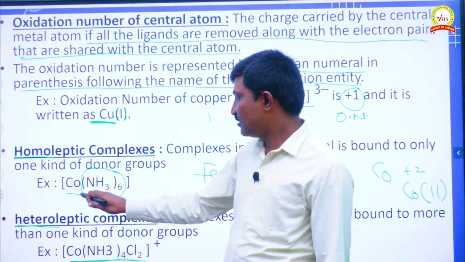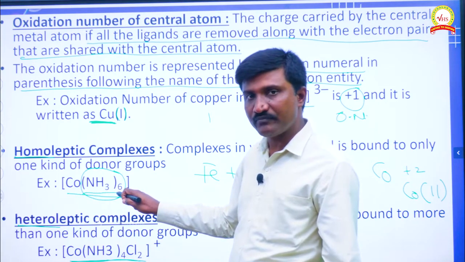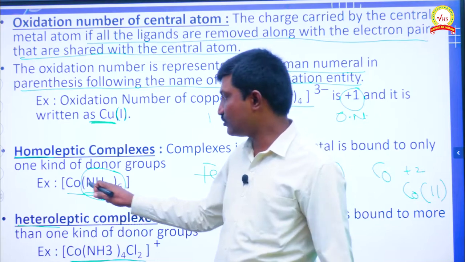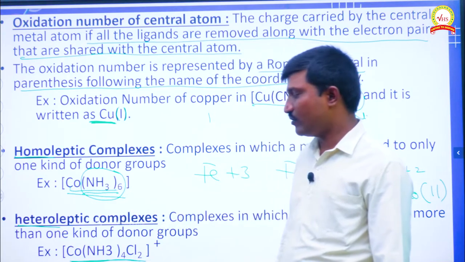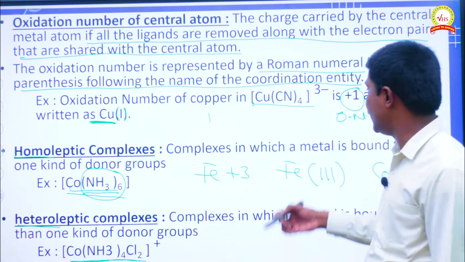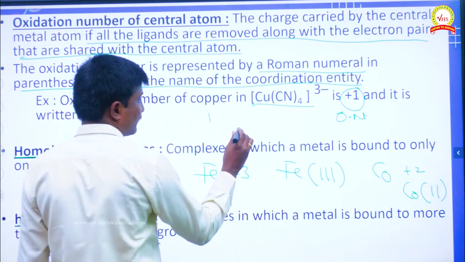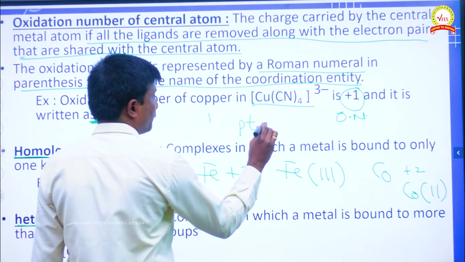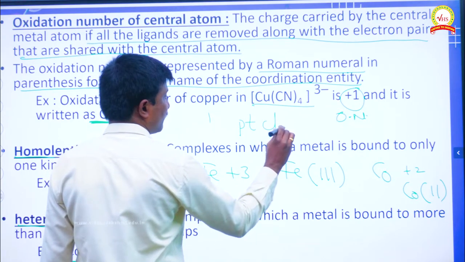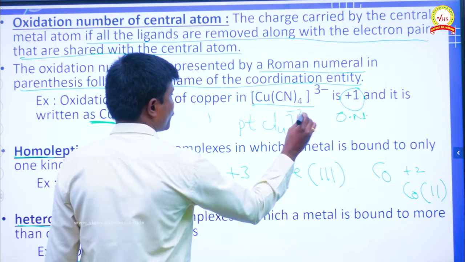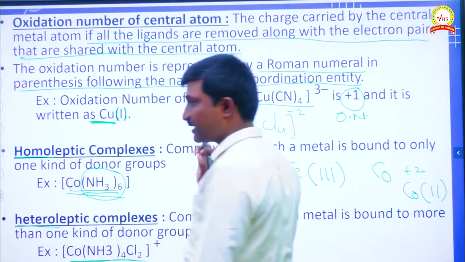But in this one, the 6 ammonia molecules are of the same type. There is no other ligand, so it is a homoleptic complex compound. Can you say which type of complex compound it is? For example, I am writing PtCl4 2-. Is it homoleptic or heteroleptic?